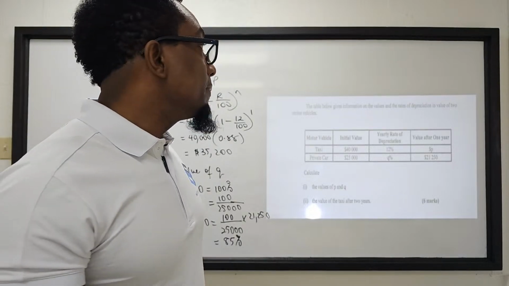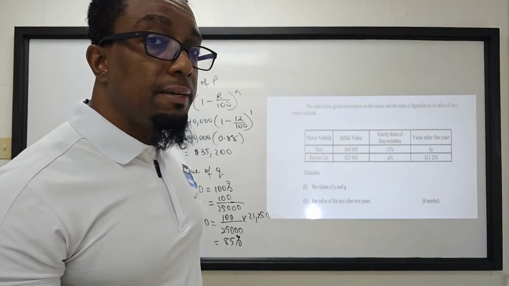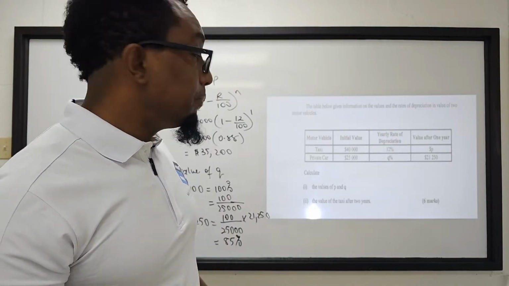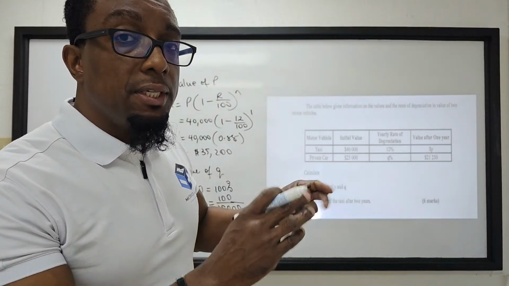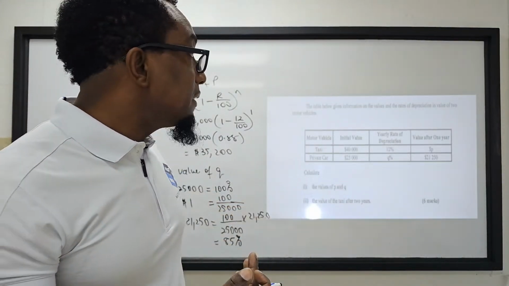So for us to determine the yearly rate of depreciation, remember it depreciates by 85%. 100% is the initial, it depreciates by 85%.